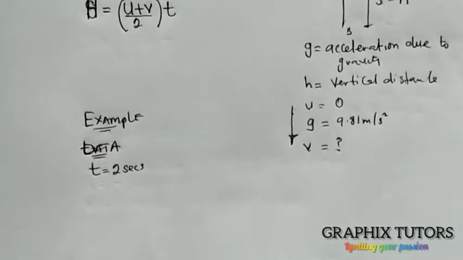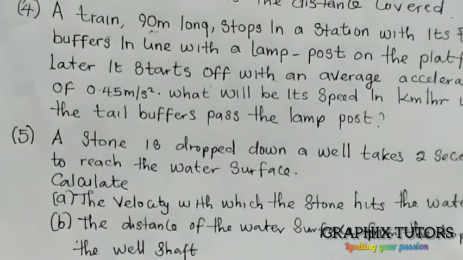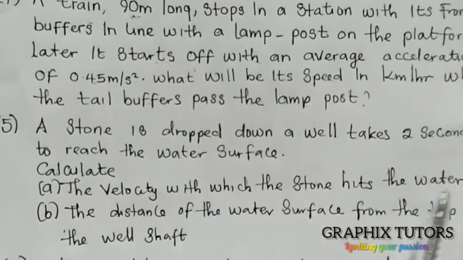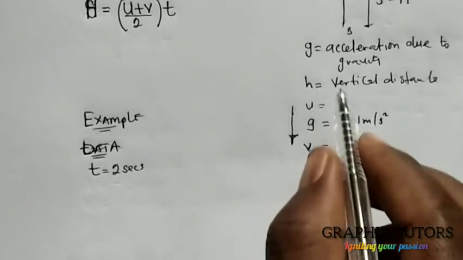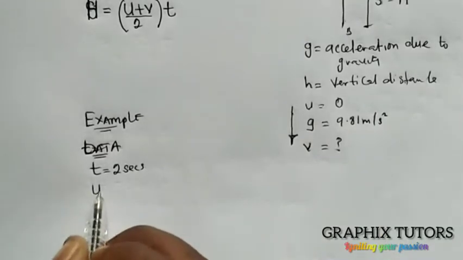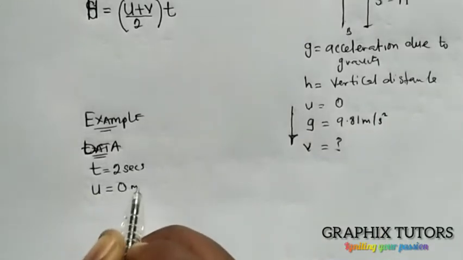So that's why the question is telling us the velocity with which the stone hits the water surface. So automatically this velocity here. So we are going to put recall. So if I can input this value here, I can easily say my u is equals to 0 meter per second.